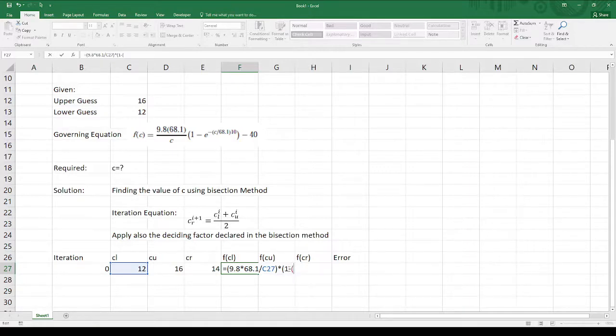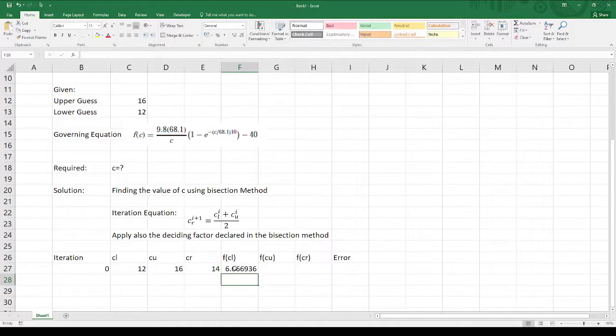So exponential, that is exp, and that would be negative of C, or this one, 12, times, divide, 68.1 times 10, close parenthesis, then close parenthesis again, then close parenthesis minus 40.